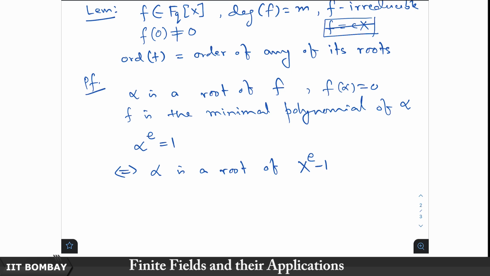This is from the definition. It means that if you put alpha in place of x, alpha power E minus 1 is 0 because alpha power E equals 1, and these are equivalent statements.